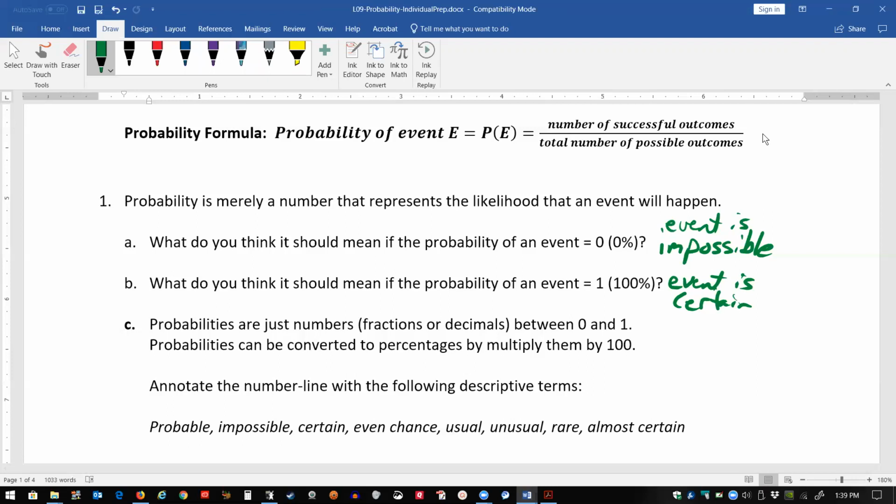Any ideas? What if I said I want a whole number 1 through 6? And that's my event. The probability of rolling a whole number that's from 1 to 6 is 100%. I'm certain to do that. No other option, right?